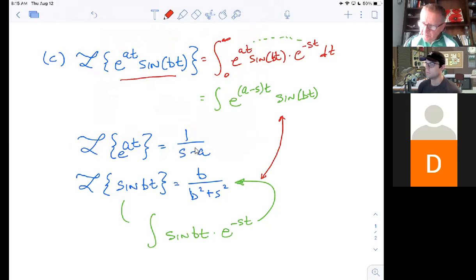Yeah, stare at this right here. They're identical, except this one has an a minus s, and this one just has a minus s. And those are both constants anyway.